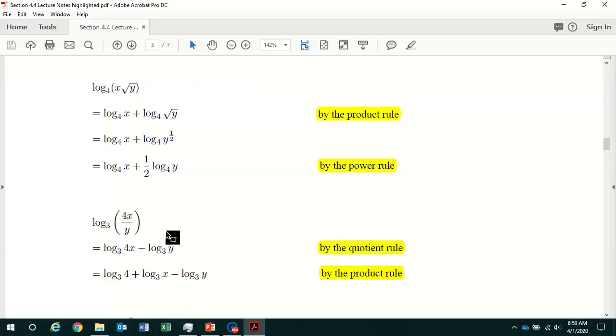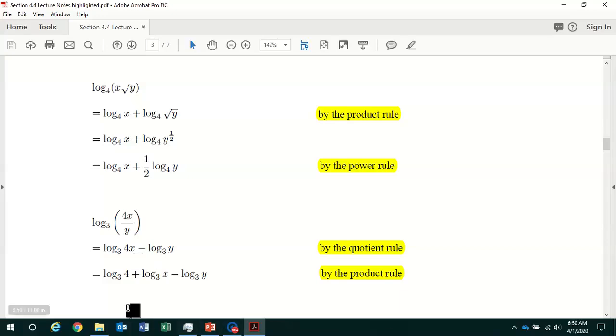Next we have log base 3 of 4x over y. This is a quotient, so we can apply the quotient rule. The quotient rule says this is equal to log base 3 of the numerator, 4x, minus log base 3 of the denominator, y. And now this 4x, that's a product, that's 4 times x.